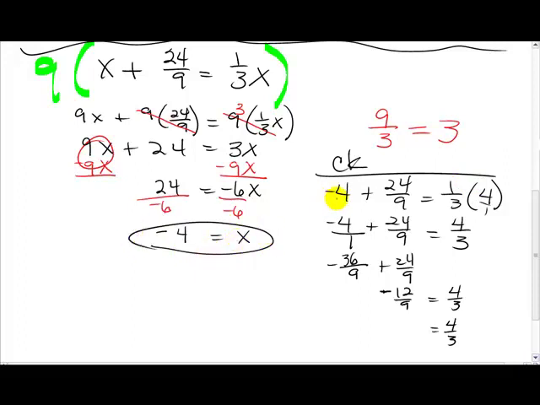So negative 4 here for x, and negative 4 here for this x. So this should be negative, negative, negative, negative, divide by 3, divide by 3. That means this is right.